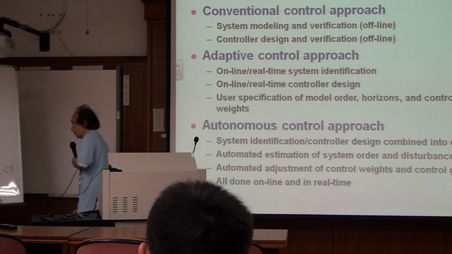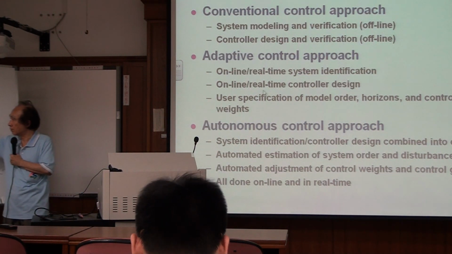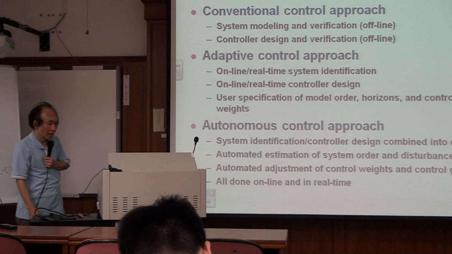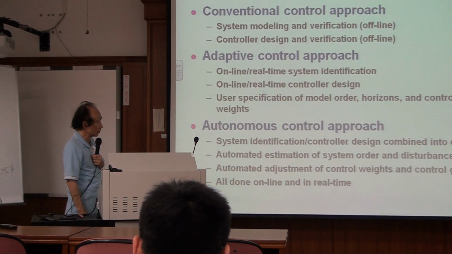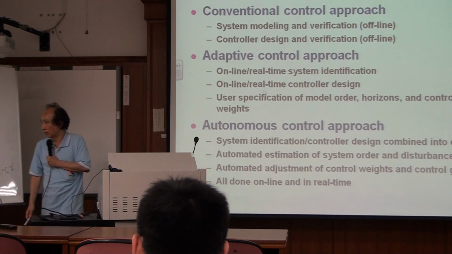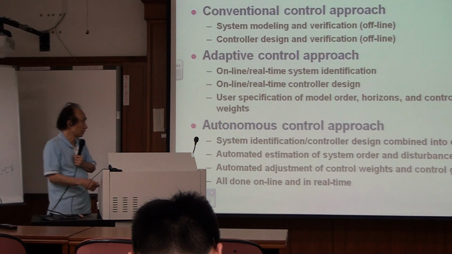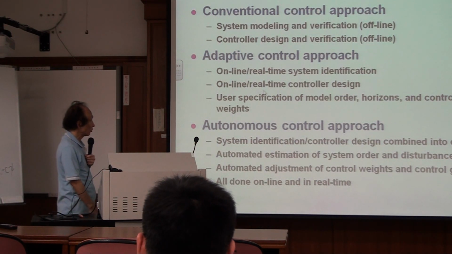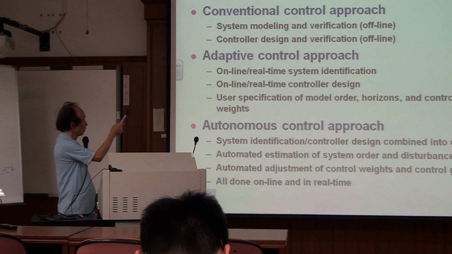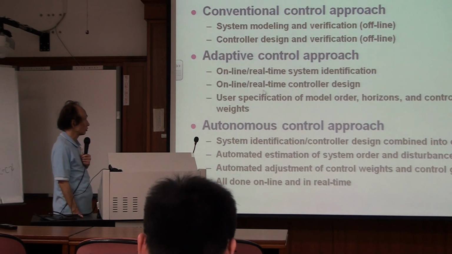Now, because a system always has some nonlinearity or system uncertainties involved, the control engineers, and a lot of people, use what is called the adaptive control approach.